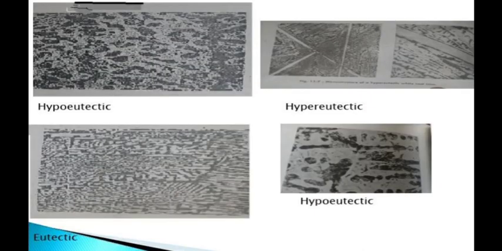This is the hypoeutectic and eutectic cast iron and its microstructure. We observe this is the hypoeutectic white cast iron.